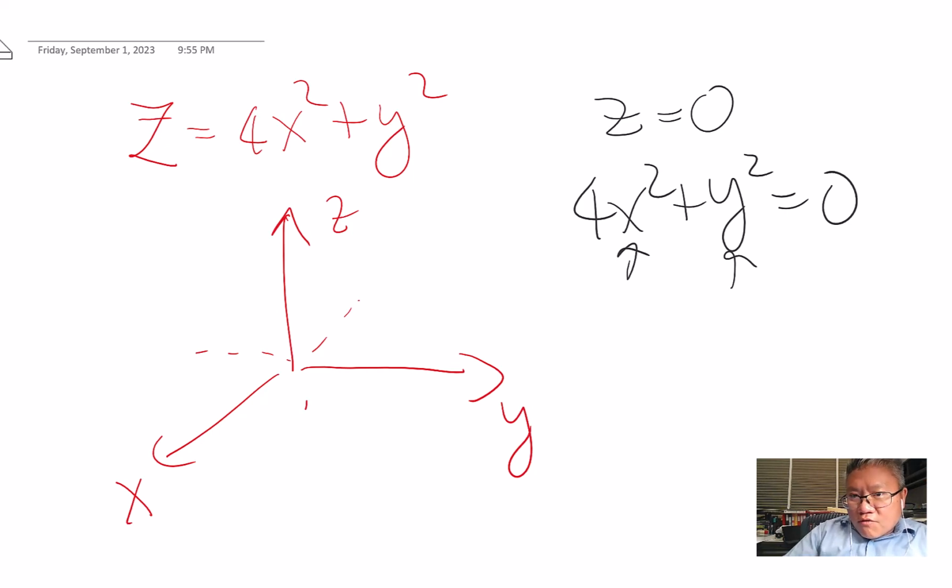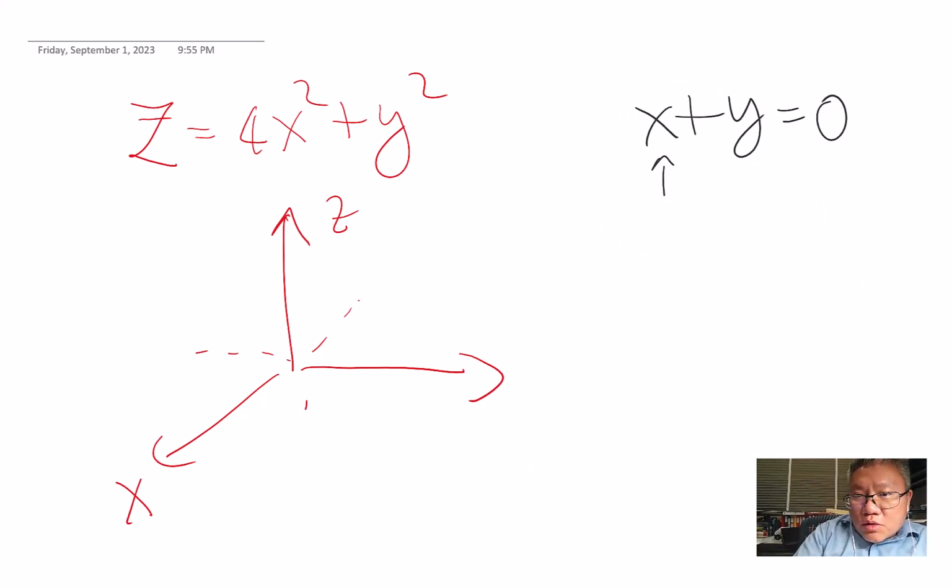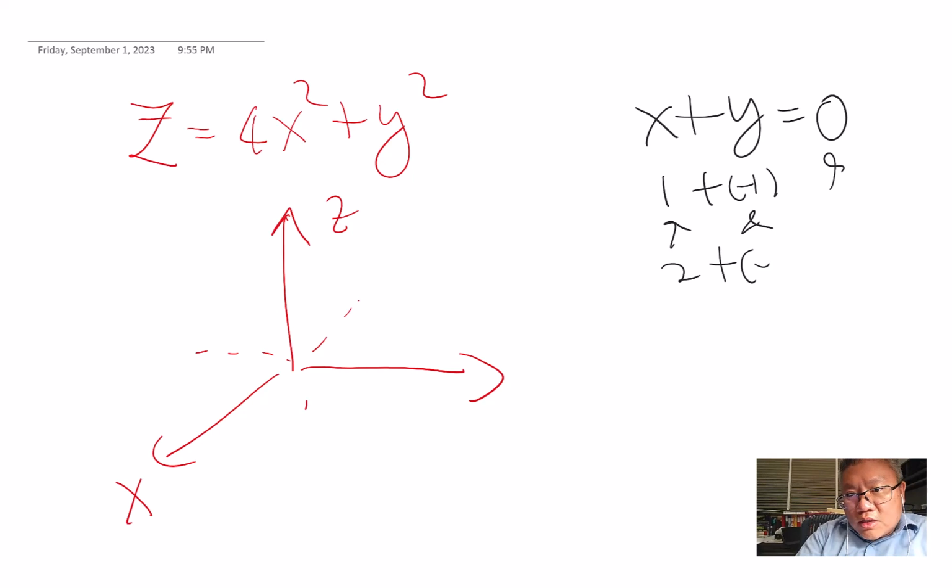Now, don't get yourself confused with this, though. You have to really think a little bit, because if you have x plus y equal to 0, x equal to 0 and y equal to 0 is one of the possibilities, but I can have 1 plus negative 1, which is still 0, with neither of them being 0. I can have 2 plus negative 2 and so on.